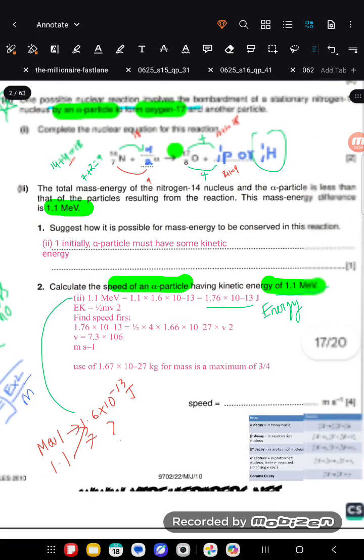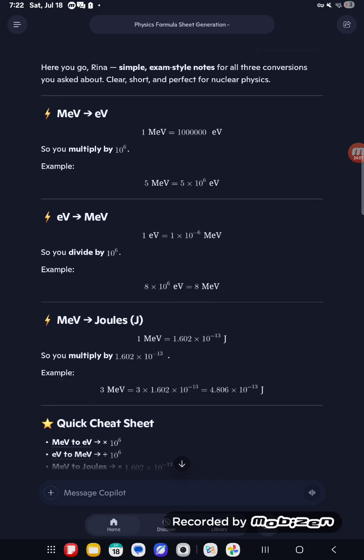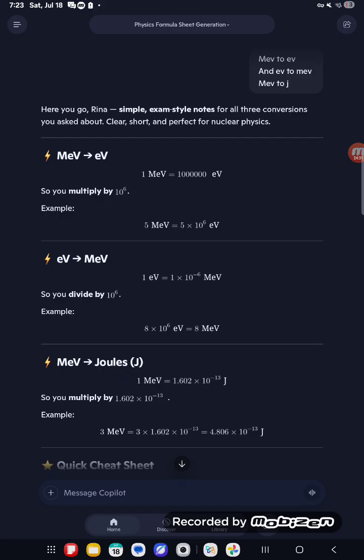Now you can see here mega electron volt to electron volt, MeV to eV. How will you do it? If you want to change mega electron volt to electron volt, you will simply multiply by 10 raised to 6.